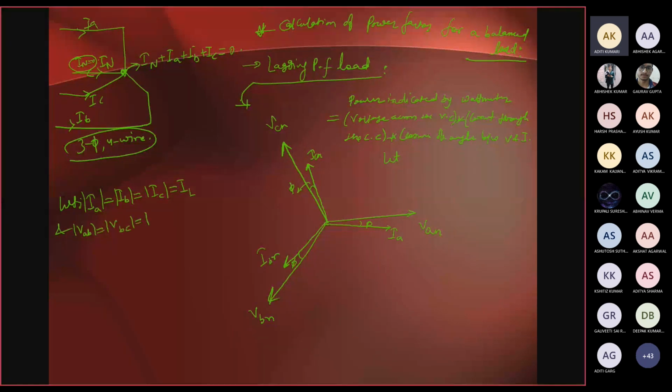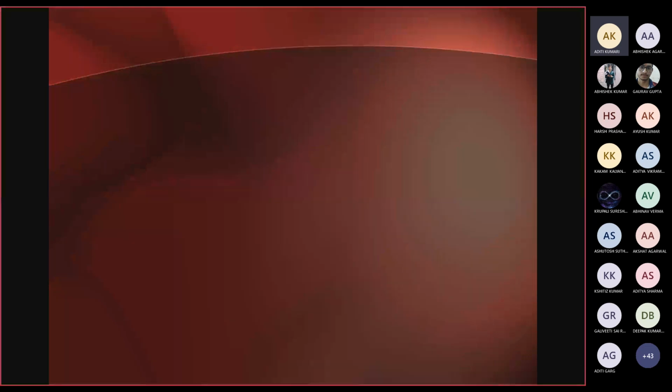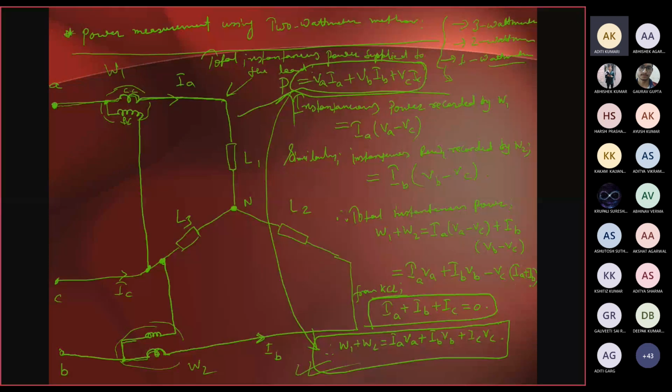We have considered here just the magnitude, because the phasor relationship we are already drawing in this phasor diagram. So for the previous case, जो अभी हम लोग यहाँ पे देखे थे इस सर्किट में जो वॉट मीटर था, suppose this wattmeter reads P1 power and this reads P2 power. So what will be the value of P1? P1 will be equal to VAC times IA into cosine of the angle between VAC and IA, right?